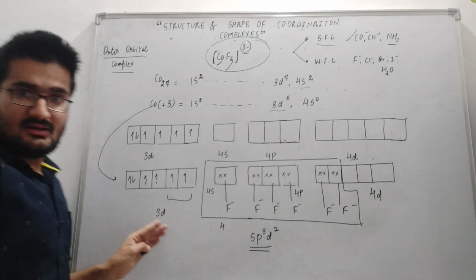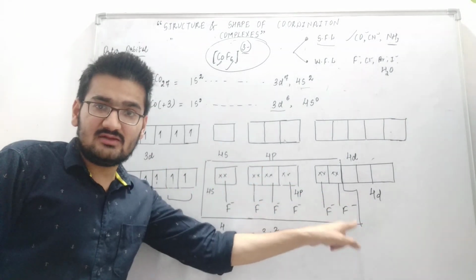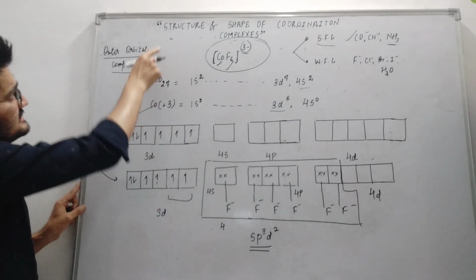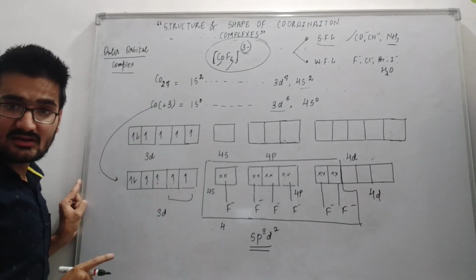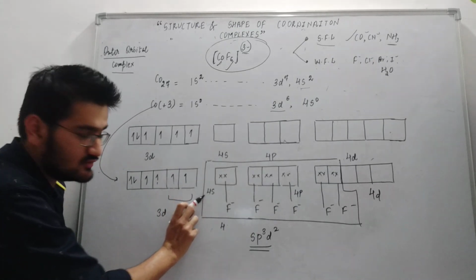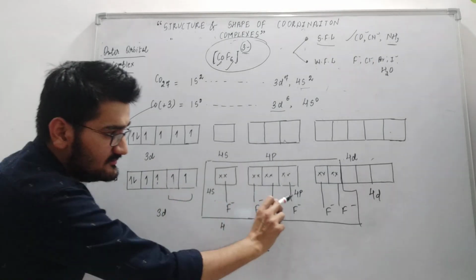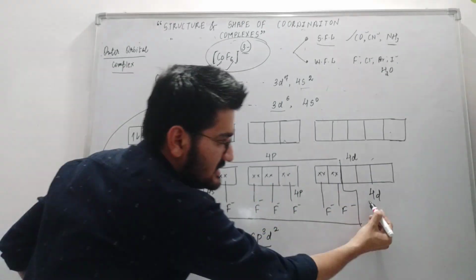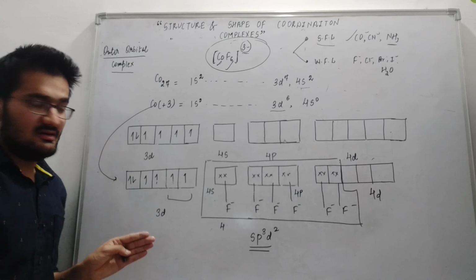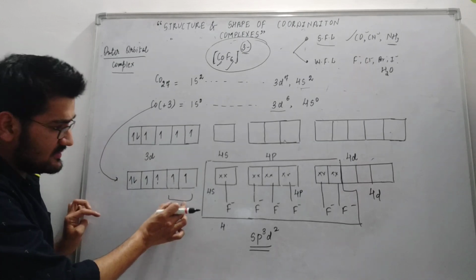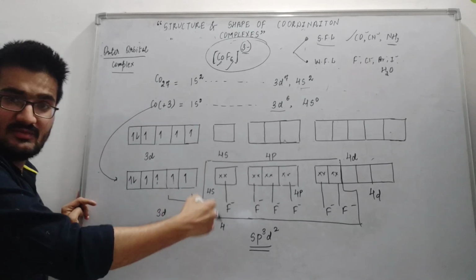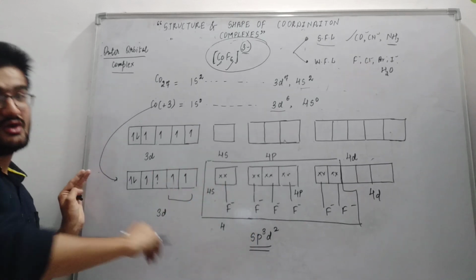So if the n-d orbital takes part in hybridization, then the complex will be outer orbital. And if the n-1 d orbital takes part, for example, this is 4s, so we can say this is n, and this is 4p, so np, and this is 4d, so nd. So 3d will be n-1. So if the n-1 d orbital takes part in bonding, or we can say d2sp3 hybridization is there, the complex will be inner orbital.